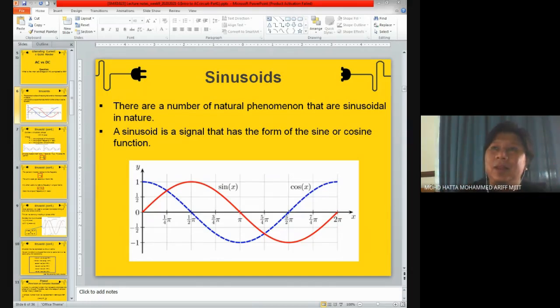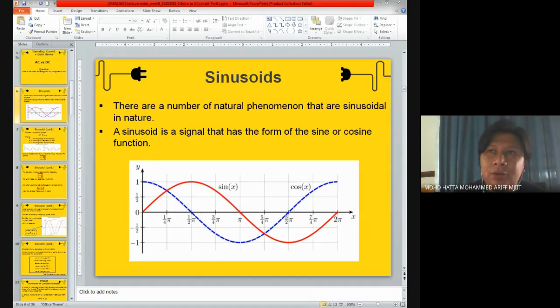60 Hz. Normally US based countries, or I don't like to call it US based, US standards, tend to use 60 Hz as their voltage or current frequency, voltage outlet frequency.